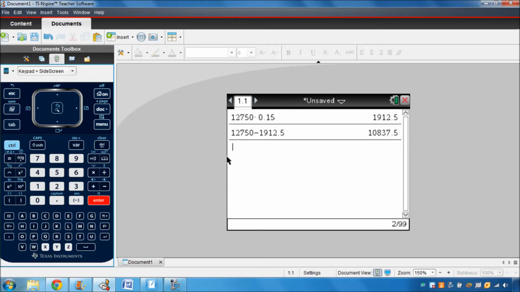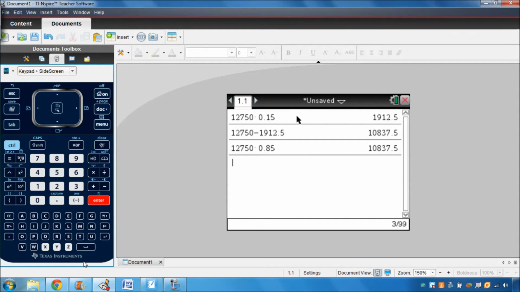Now remember that what you need to do for this is you can just multiply 12,750 by 0.85, because if you're losing 15%, you have 85% left over. That's where we get this 85 right here. Press enter, that's how you get that answer.